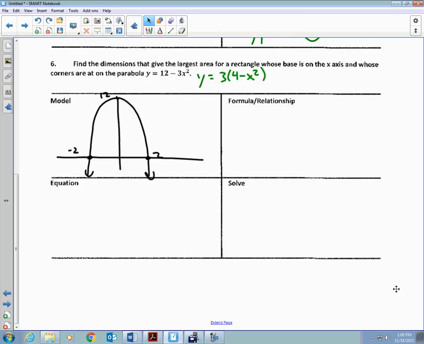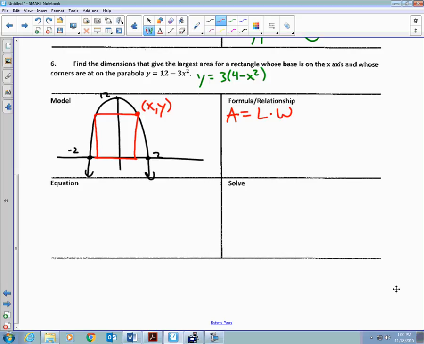So I'm going to draw a rectangle where its base is on the x-axis, and then its height will be determined that way. So I'm trying to calculate area. Area, again, is length times width. Now, this is where you got to, let's see if you could get the aha moment here. We'll call the length on the bottom and the width on the top, okay?